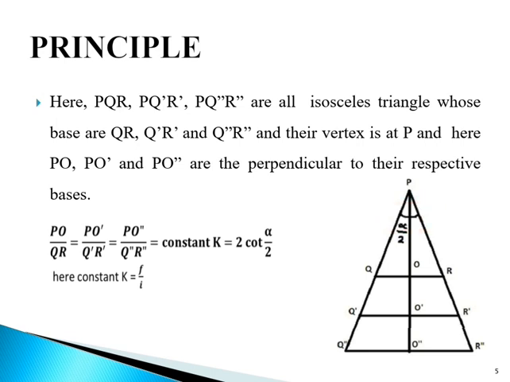We have mentioned it in the image. Where alpha is the apex angle, and K is the constant which is given by f upon i, where f means the focal length of the objective and i is the stadia intercept.